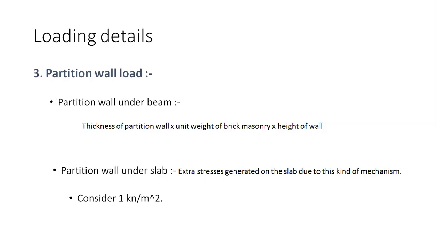This value is again provided in IS 875 part 1 table number 3 and also in IS 456. This kind of partition wall, when provided under intermediate span of slab, requires this value.